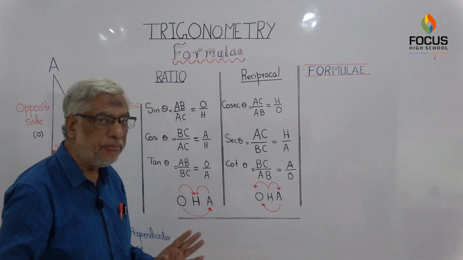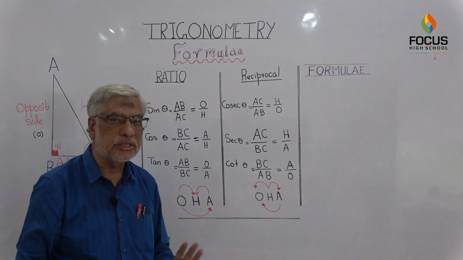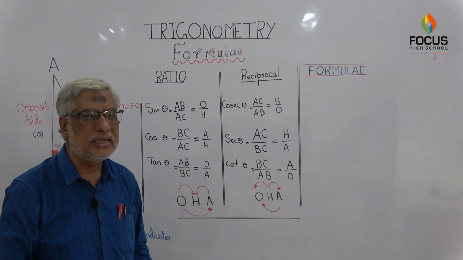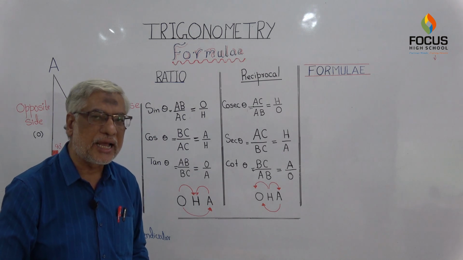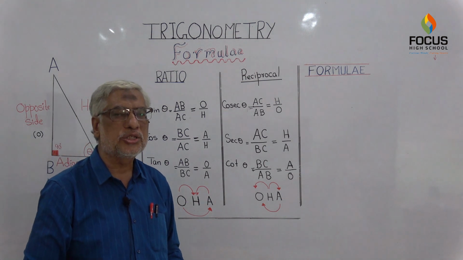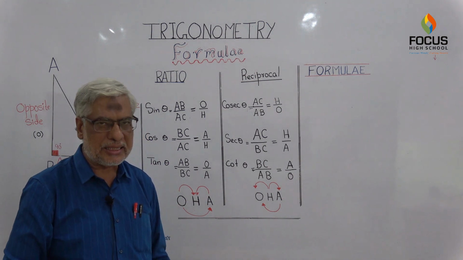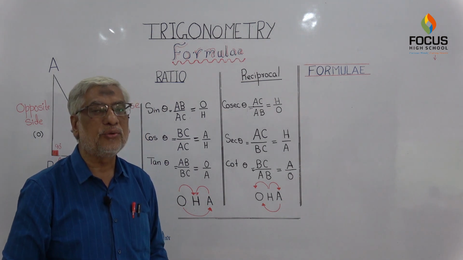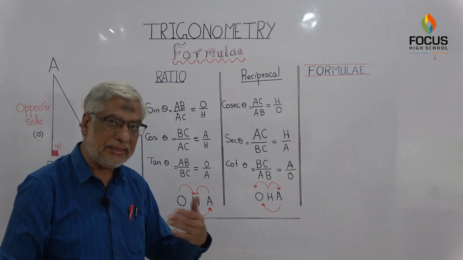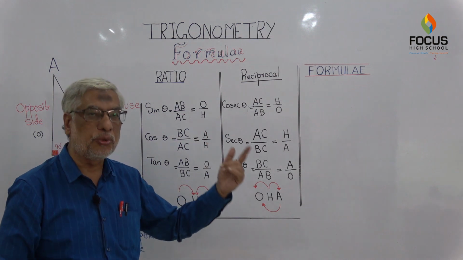So, we have three basic trigonometric ratios, only three ratios are there because a triangle has three sides, and these three ratios are sine of the angle theta, which is the opposite side upon hypotenuse, cos of the angle theta, which is adjacent upon hypotenuse, and the tan of the angle theta, which is opposite upon adjacent. That is it, and their corresponding reciprocals.